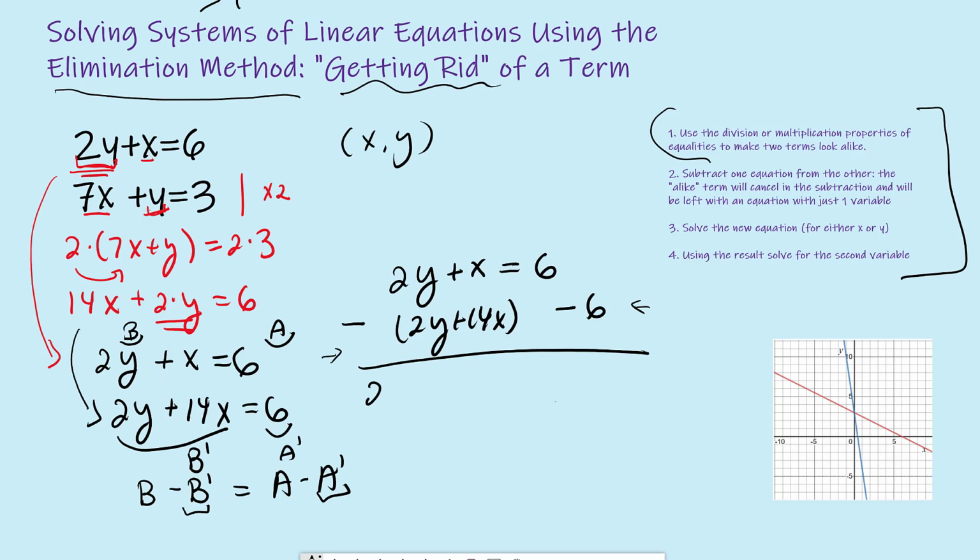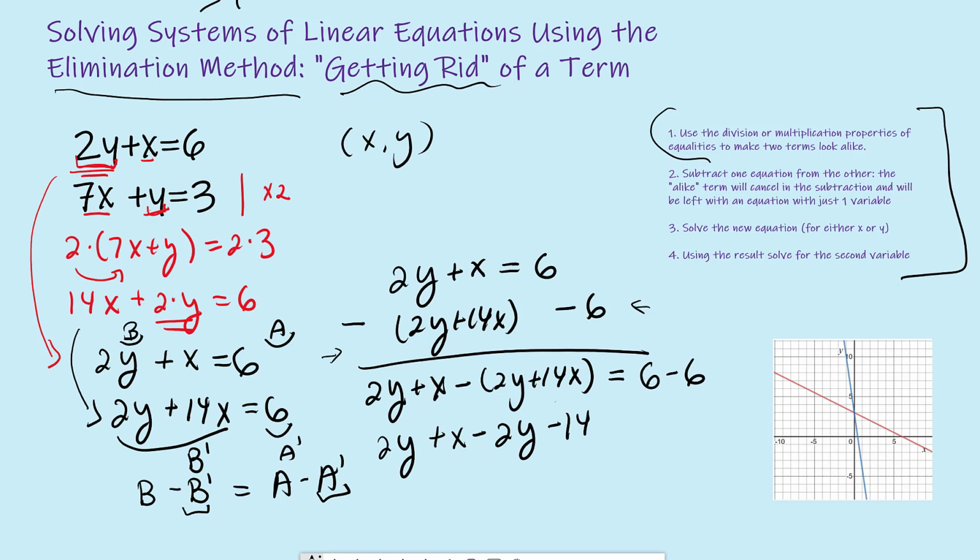So what do we get? We have 2y plus x minus 2y plus 14x in parentheses equals 6 minus 6. Okay, so now on the left here we have 2y plus x minus 2y minus 14x. We open the parentheses, and we have 6 minus 6 is just 0.